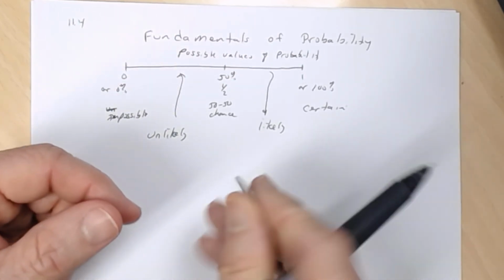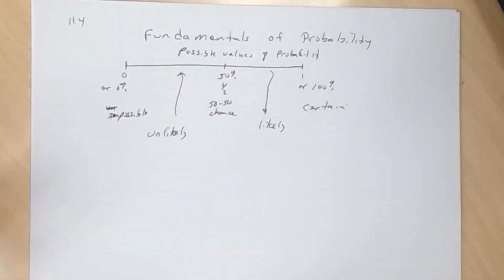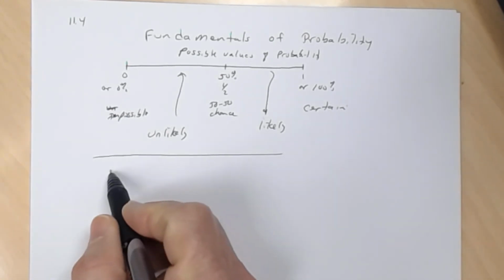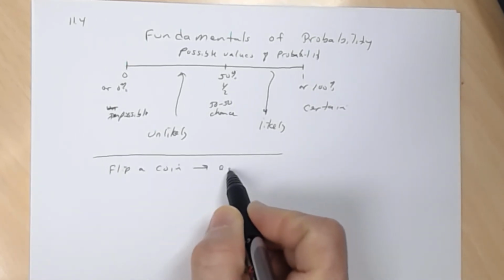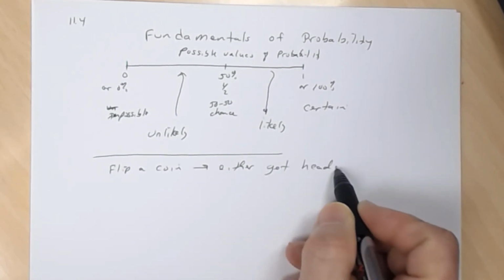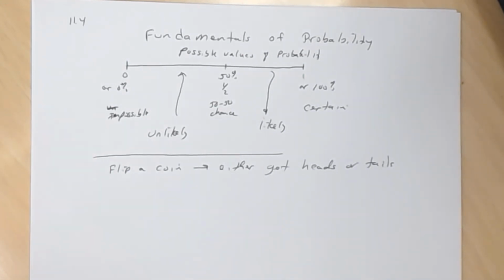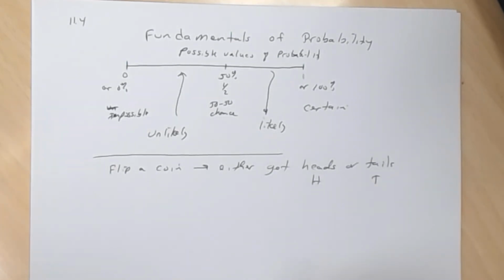So when you flip a coin once, you're either going to get heads or tails. Y'all agree? Sometimes we'll denote heads as capital H and tails as capital T.